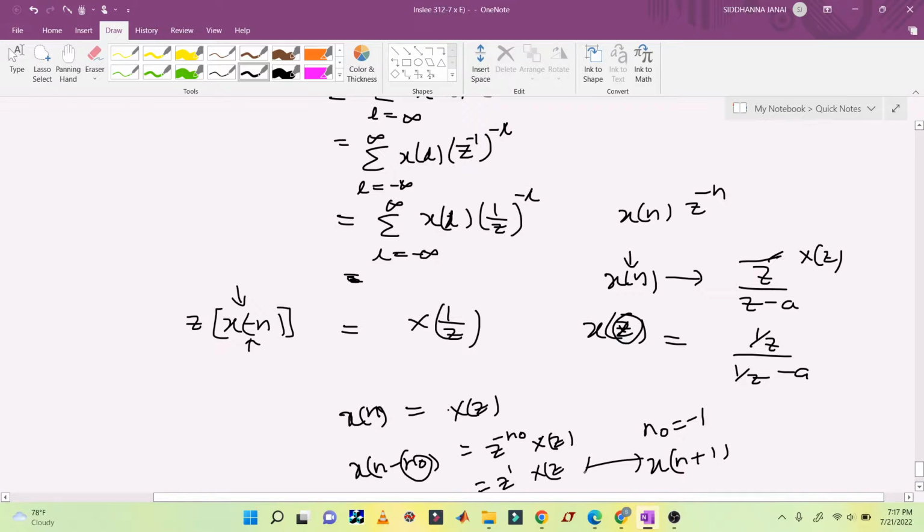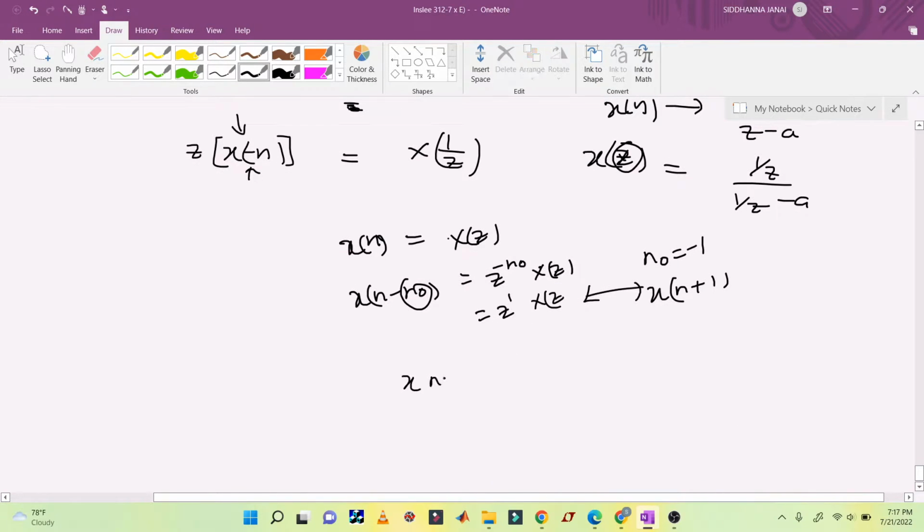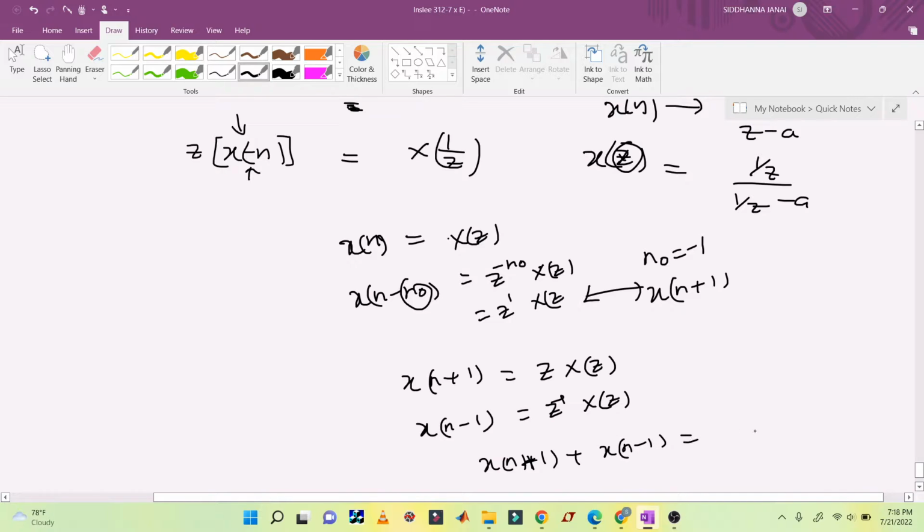So the z transform of x of n plus 1 is z into x of z. X of n minus 1 will give us the transform z to the power minus 1 x of z. When I combine x of n plus 1 plus x of n minus 1, it is nothing but z plus z inverse into x of z. This is what I am asking.